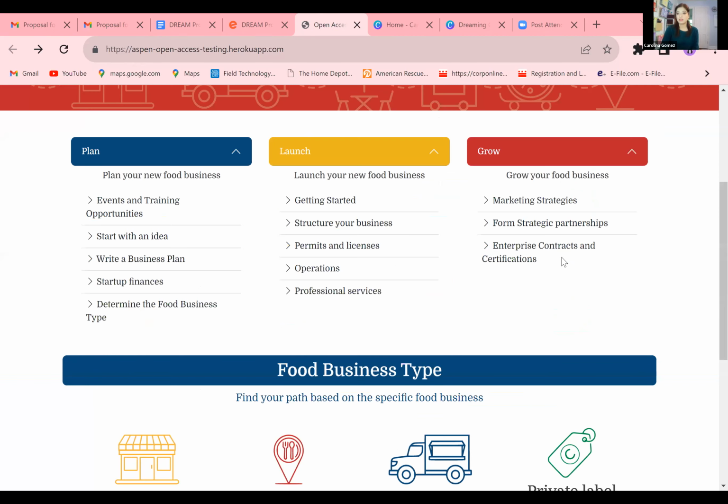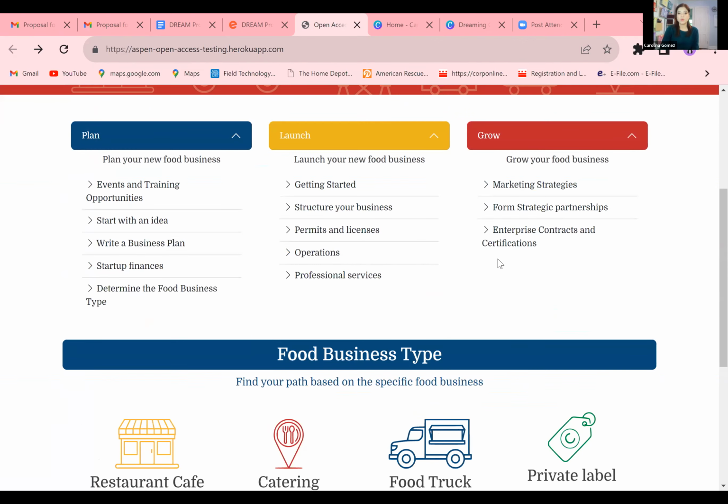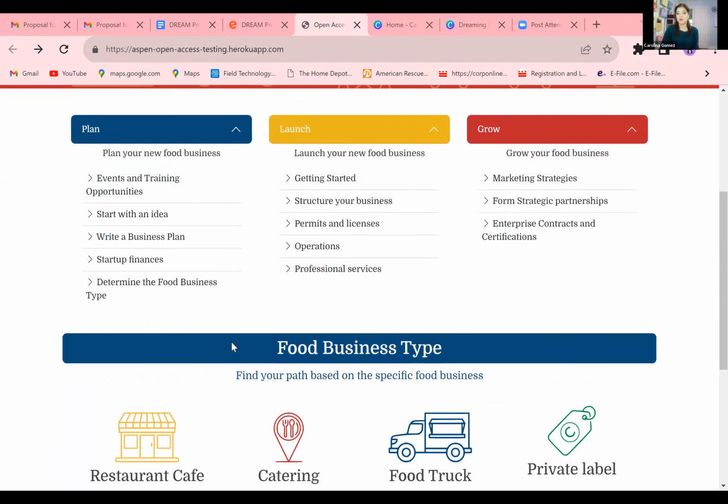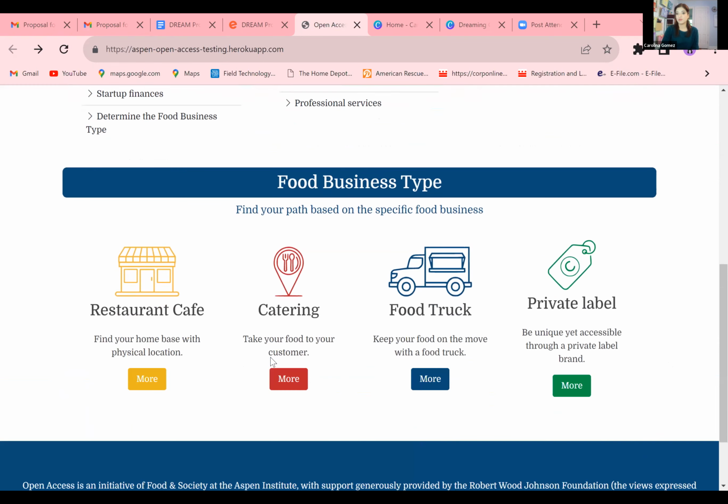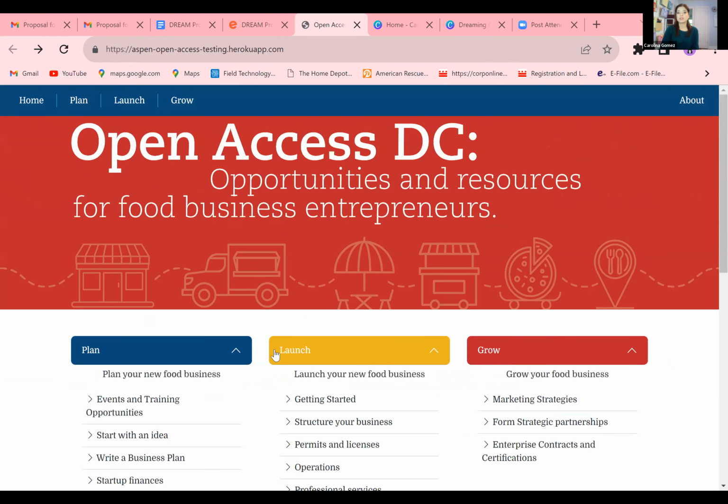Open Access DC is a portal where you will be able to find what type of business you are opening, and then you can click it and find out how to open that particular type of business. It is super important now, because it's really the main resource where you'll be able to find everything that you need to open a food business in DC.